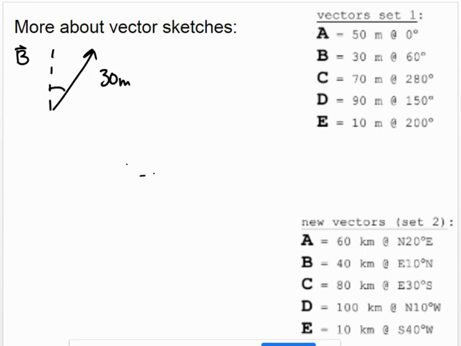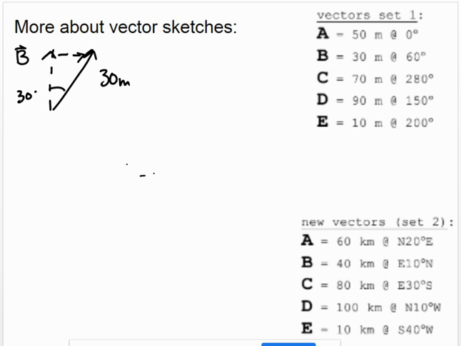That is 30 degrees from north. Again, if Superman were to fly this way, Lois Lane would have to walk due north, and then she would have to walk due east. So that would be the correct component sketch for vector B.